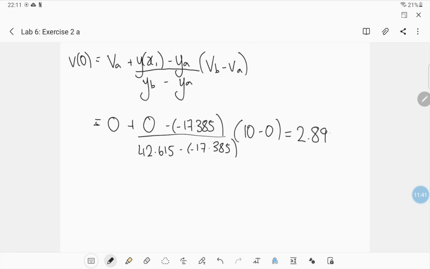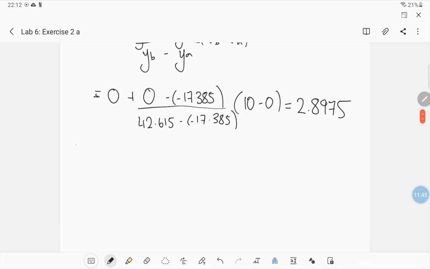2.8975. So I actually have to run it again. I'll do the first one: m1 is equal to the previous m value, which was 0, plus step size of 2 times the previous slope, and the slope of m is v, and the previous v is 2.8975.